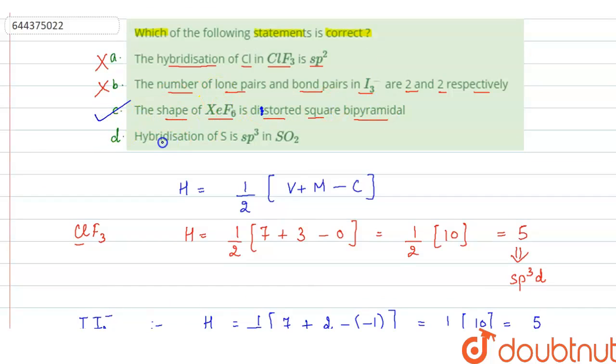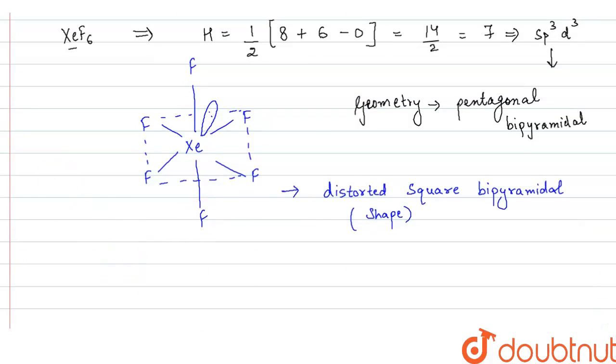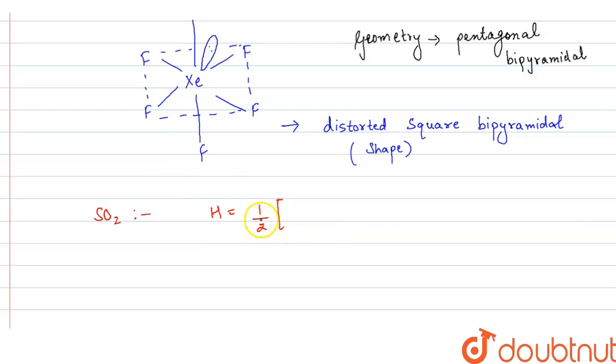Option C is correct. Then in option D, hybridization of sulfur is sp3 in SO2. Now let us check in SO2. In SO2, the hybridization will be equal to half into, the central atom is sulfur and it has 6 valence electrons plus M. Here M will be 0 because oxygen is not monovalent, it is divalent, and also the charge is 0.